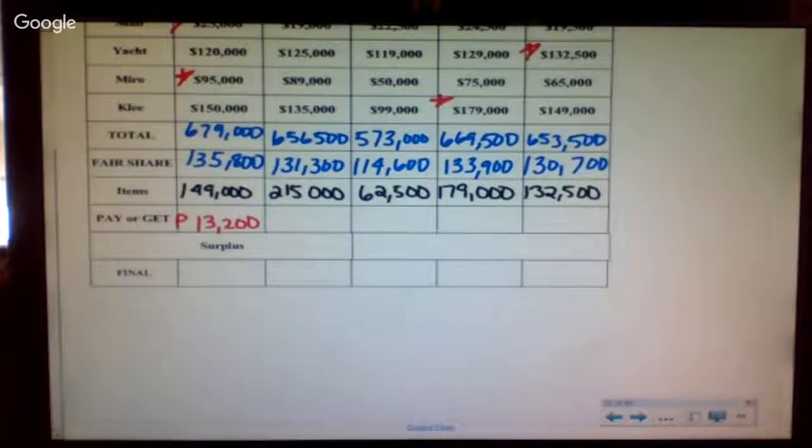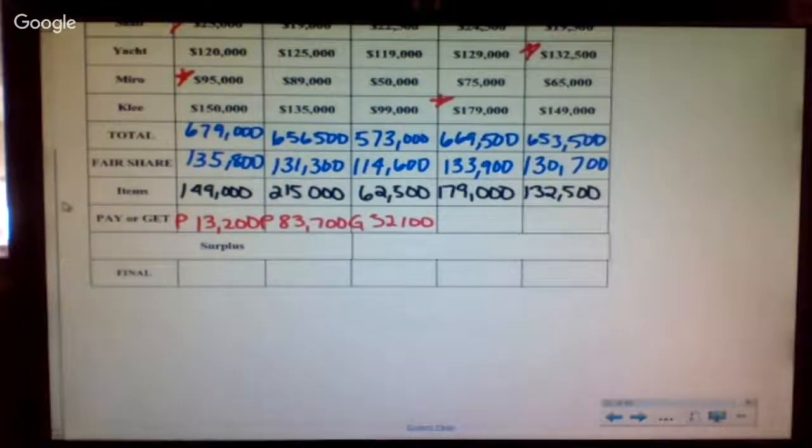Is Ben going to get or pay? He's also going to pay. How much? $83,700. Is Cal going to get or pay? He's going to get. 52,100, you said? Okay.